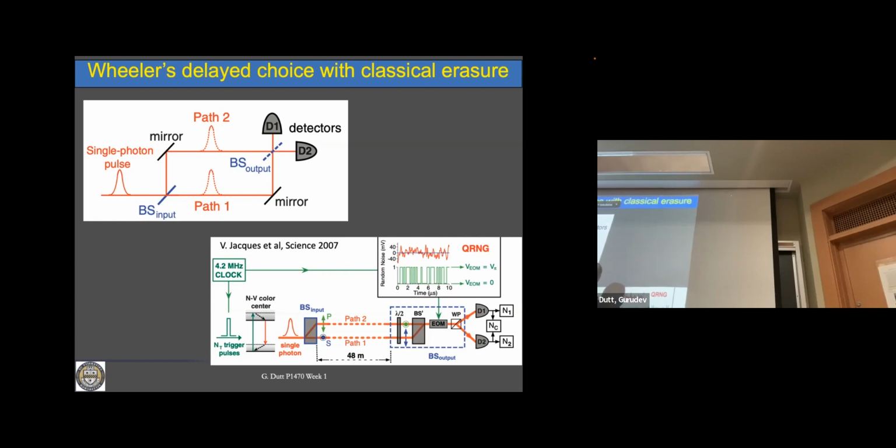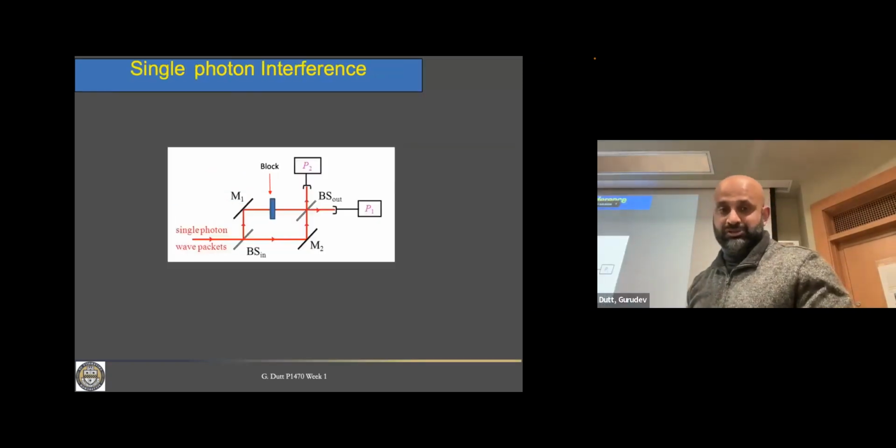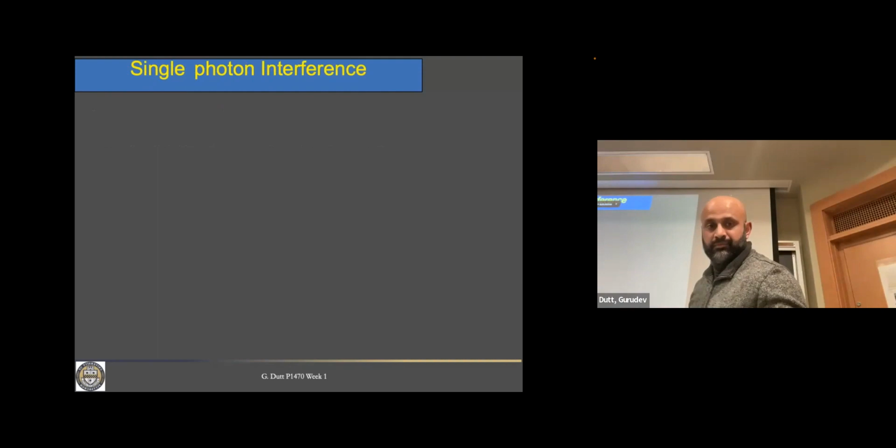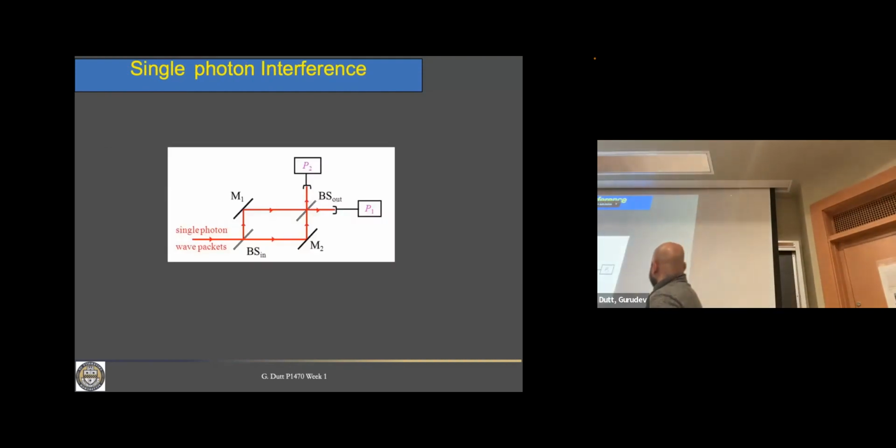But when I slide the beam splitter in, I can continuously tune the interferometer to have either all the photons in 2 or in 1, or anywhere in between.